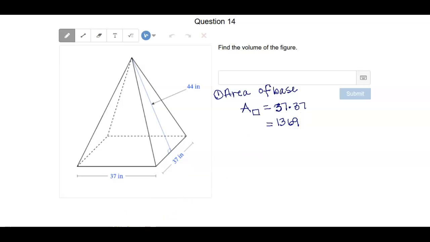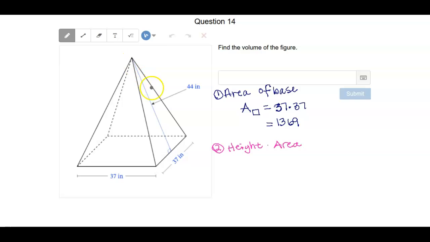So the second thing that we have to do is multiply height times the area.